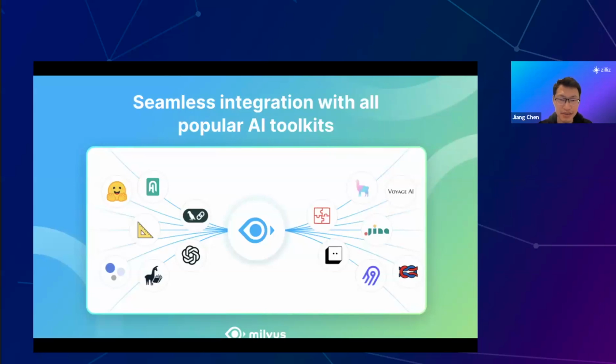They provide embedding models as a service. We also integrated with BentoML, which does model inference hosting. They have open source and cloud offerings, and we also integrate with other projects with very novel concepts.